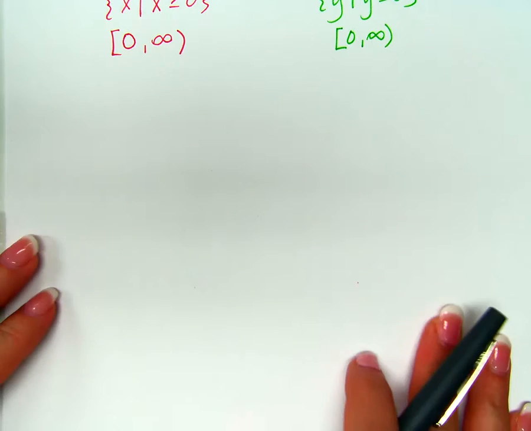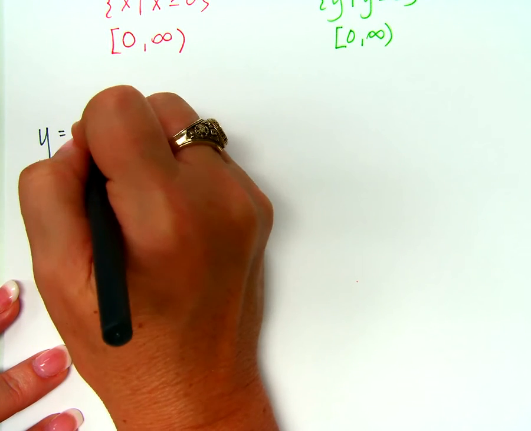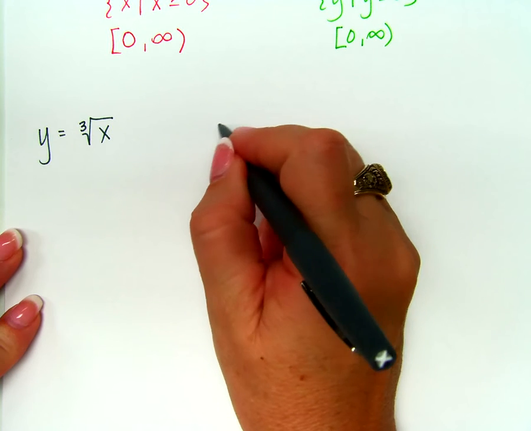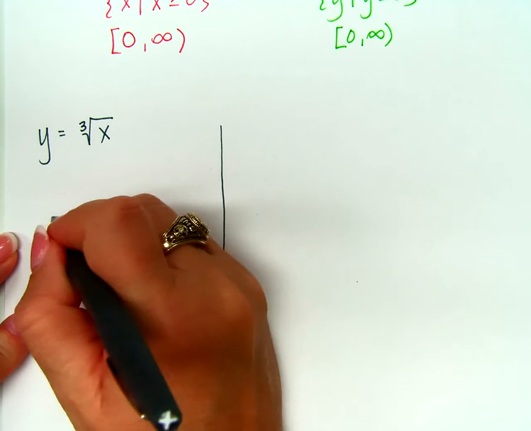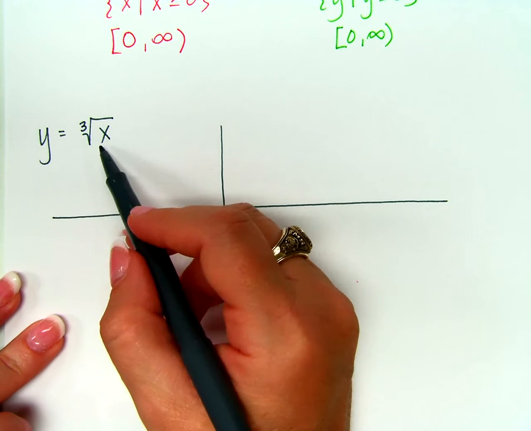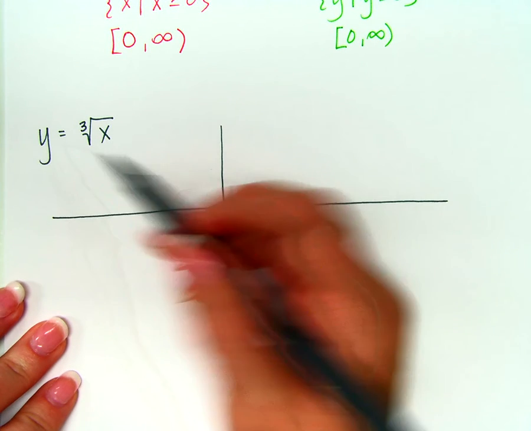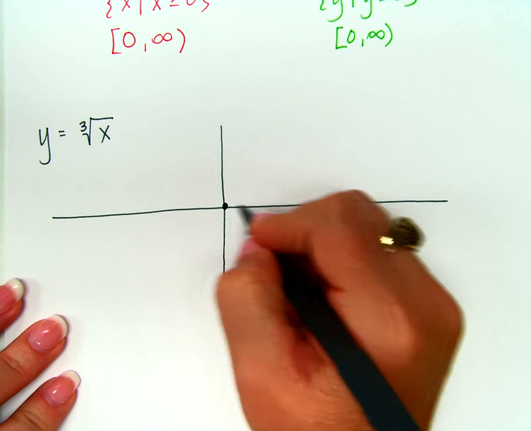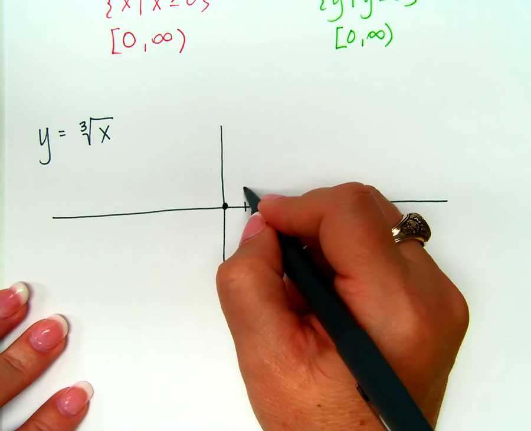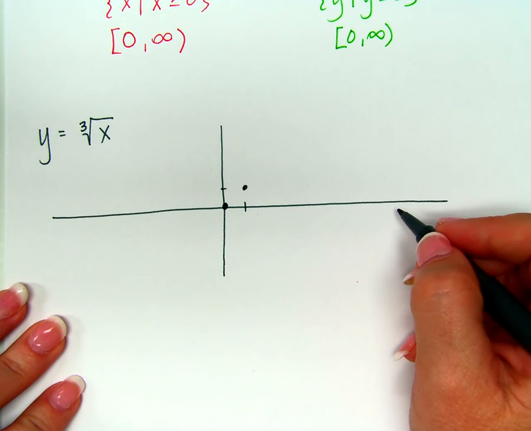Okay. What about this one? This is a cube root function. So if x is 0, what is y? 0. If x is 1, what is y? 1. If x is 8, what is y?